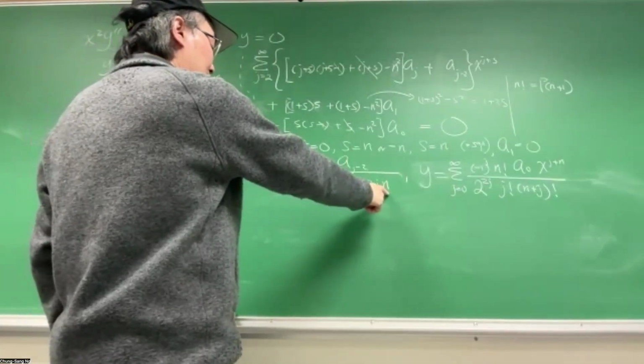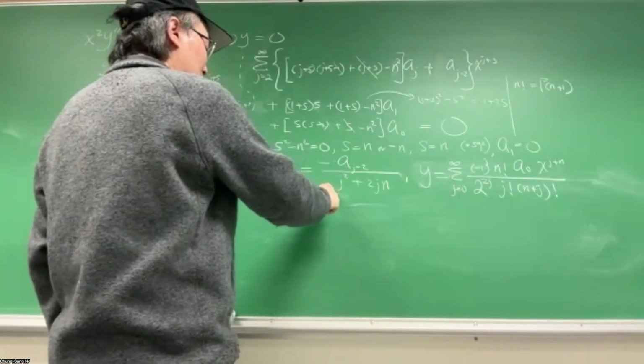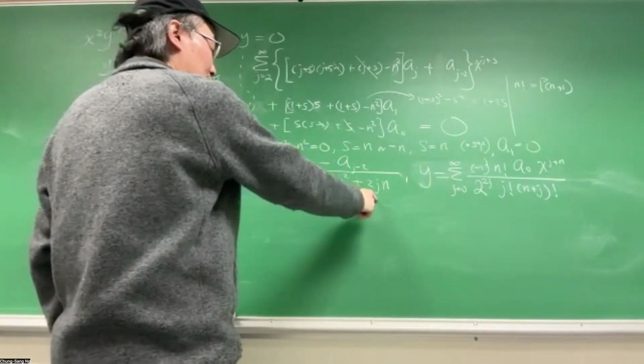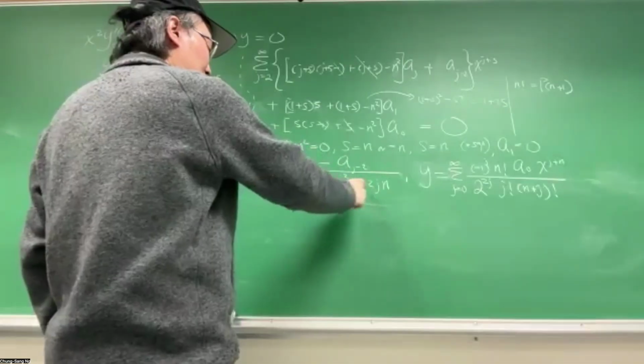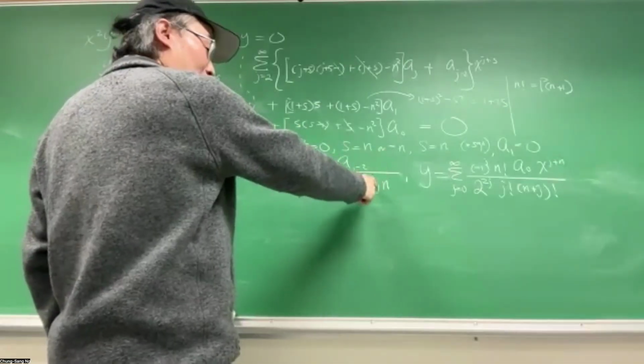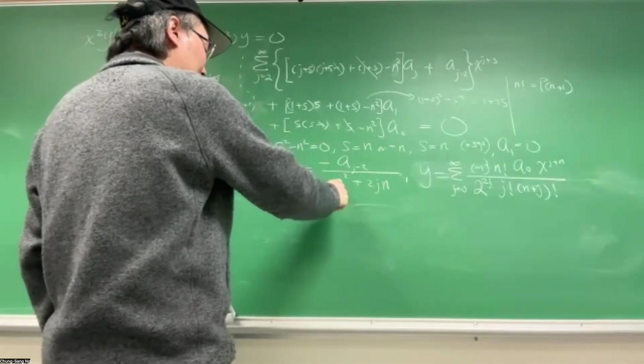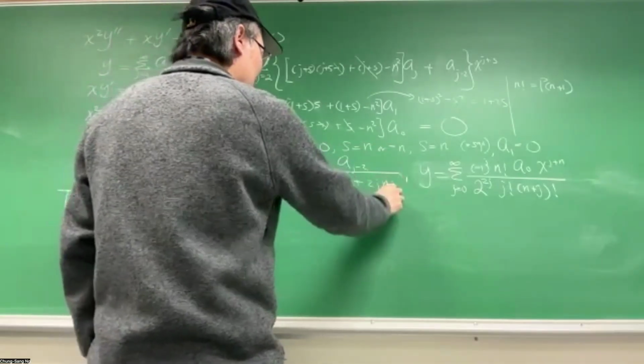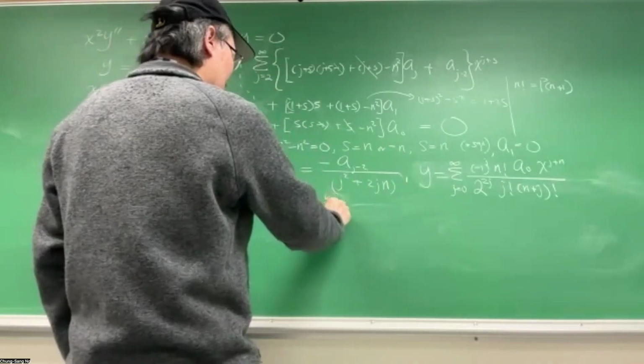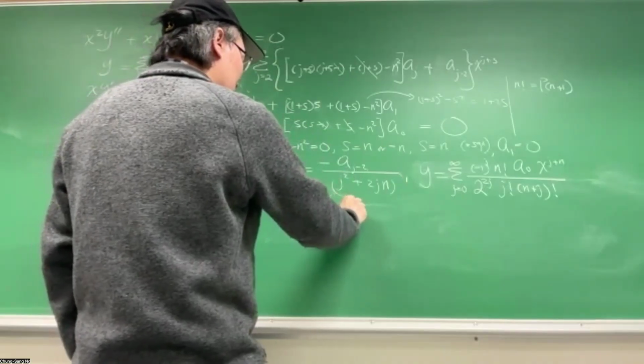Now, if n is a negative integer, then j starts from 0 and keeps going through 1 and 2 also. So somewhere along the line, the denominator is just j plus 2n.